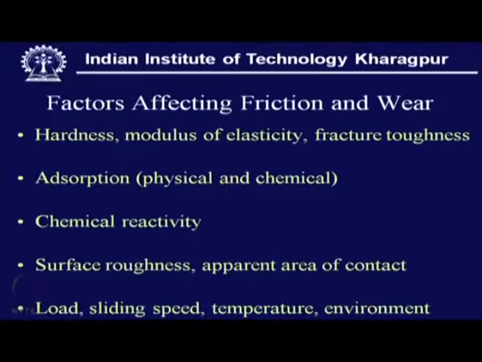So, surface roughness is definitely a geometrical characteristic of that particular surface, and along with surface roughness, the rougher the surface, there are the apparent area of contact and true area of contact. So, these are the things coming into the picture, and definitely one has to consider them.